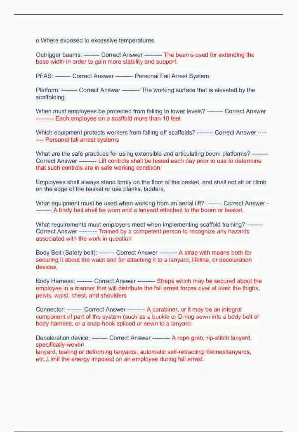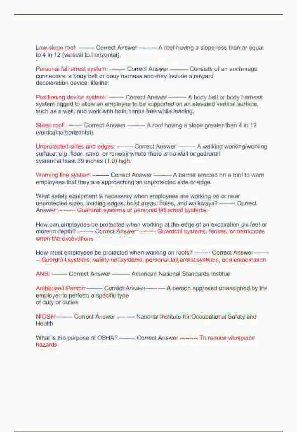Correct answer: a carabiner, or it may be an integral component of part of the system, such as a buckle or ring sewn into a body belt or body harness, or a snap, hook spliced or sewn to a lanyard. Deceleration device. Correct answer: a rope grab, rip-stitch lanyard, specifically woven lanyard, tearing or deforming lanyards, automatic self-retracting lifelines/lanyards, etc. that limit the energy imposed on an employee during fall arrest.